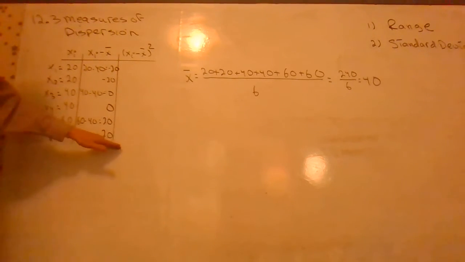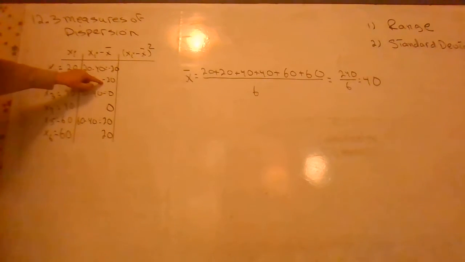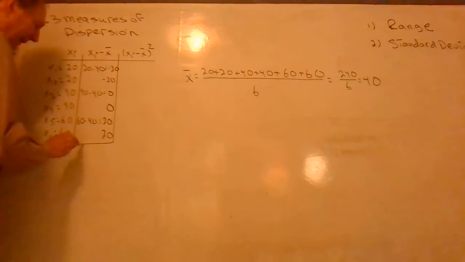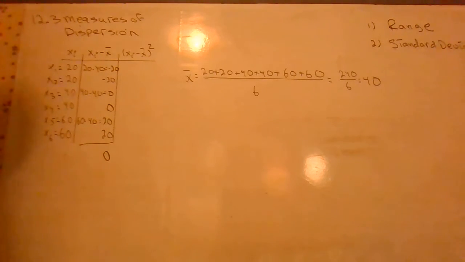As we did before, you can add all these up. Negative 20, negative 20, 0, 0, 20, 20. It adds up to 0. You can add it up and get 0 just to check.